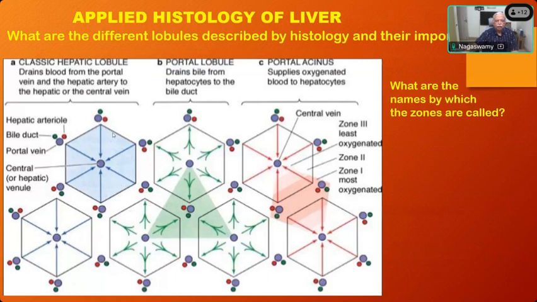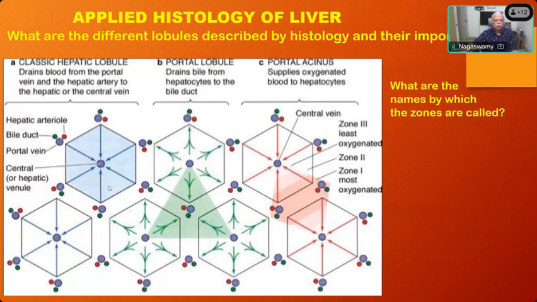But the arrangement of hepatocytes gives you an imaginary feeling that this is like a hexagonal structure with a hepatic portal system here, the entry. So this is considered a portal vein, hepatic arteriole, and the bile duct. And the blood flow occurs from here towards the central hepatic venule.